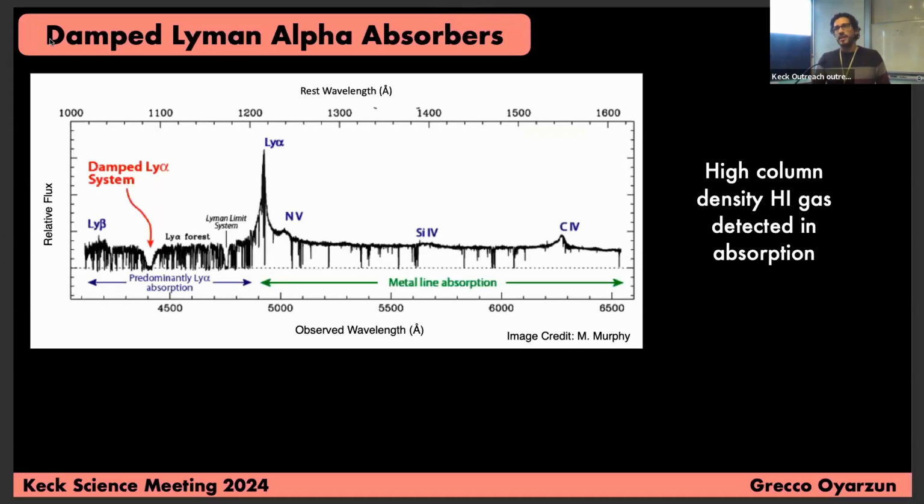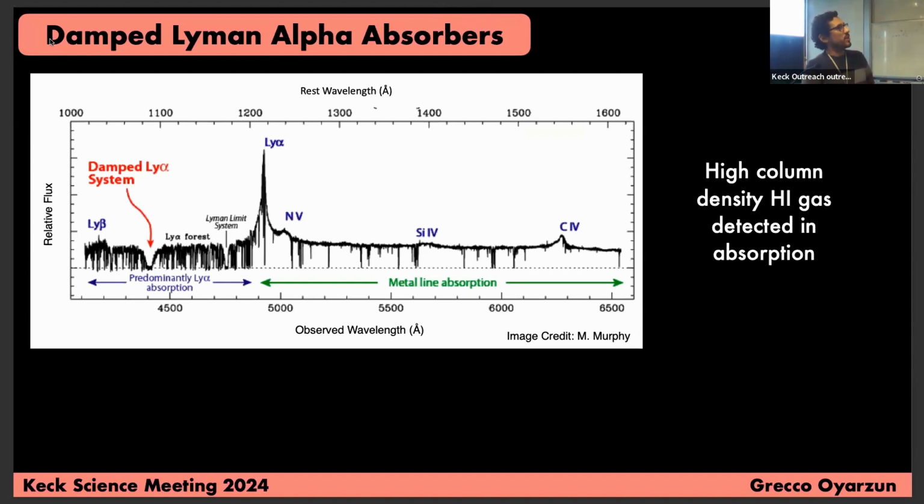So let me start by defining what a damped Lyman alpha absorber is to those who are unfamiliar with the subject. When you take a quasar at high redshift and you take high resolution spectroscopy of the quasar, you see that blueward of the Lyman alpha emission from the quasar, all the intervening H1 gas in the universe is going to leave absorption signatures.